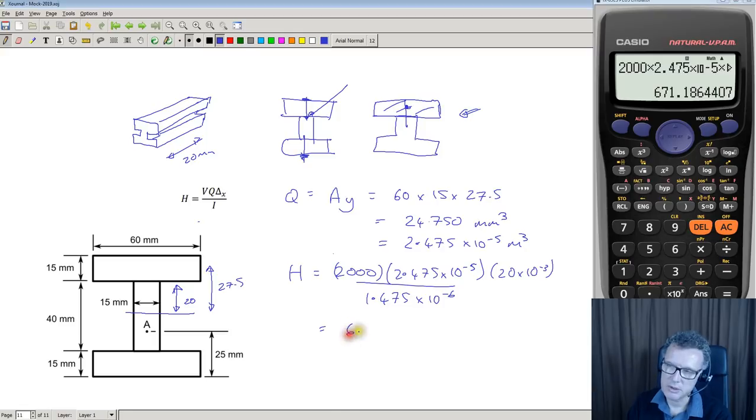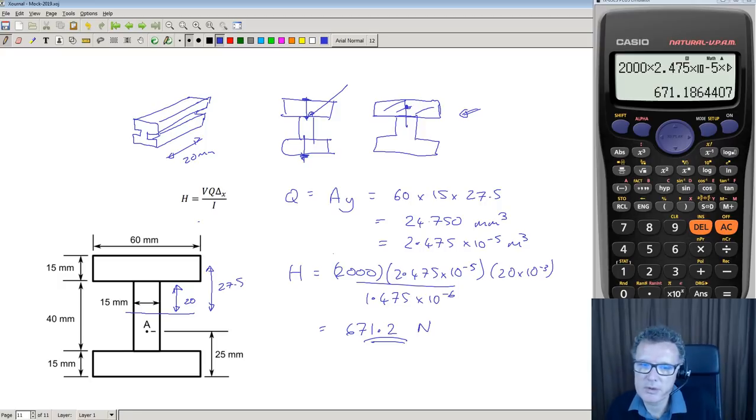So that's a force of 671.2 newtons. Yeah, that's it. That's all we have to do.